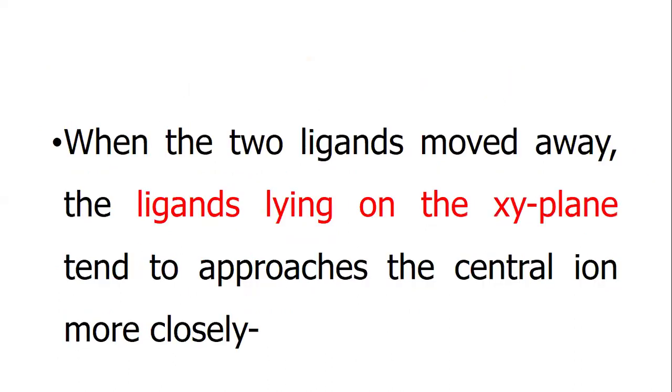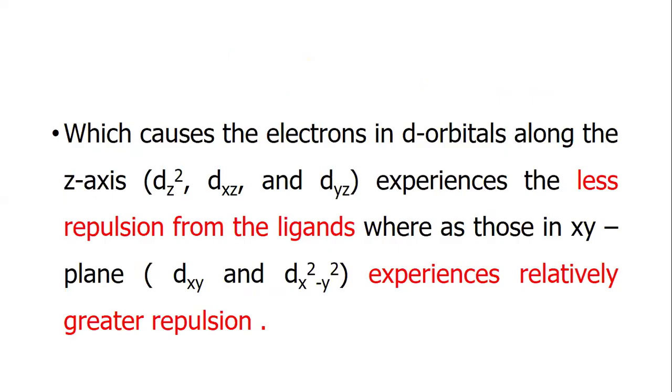When the two ligands move away, the ligands lying on the xy plane tend to approach the central ion more closely, which causes the electrons in d orbitals along the z-axis, dz square, dxz, and dyz, to experience less repulsion from the ligands, whereas those in the xy plane, dxy and dx square minus y square, experience relatively greater repulsion.